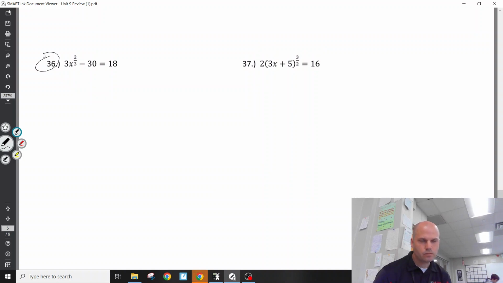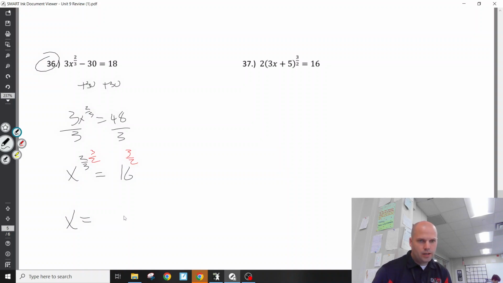36. Isolate the exponent. Take both sides to the flipped power. Type the right side into your calculator. I think that's 64. Since you're square rooting to solve an equation, you need a plus or minus.